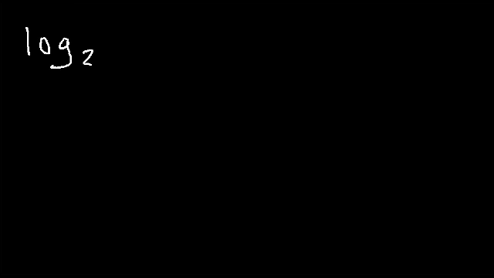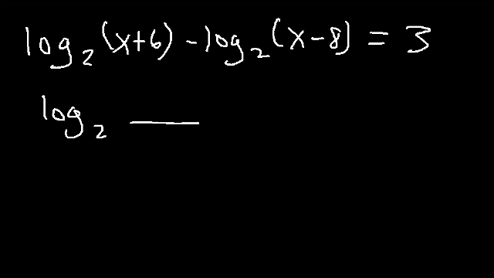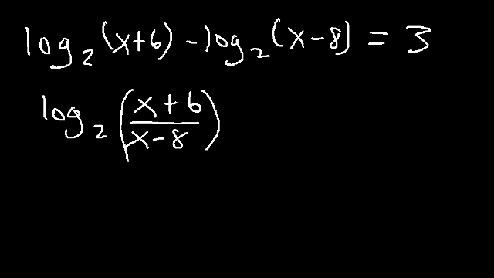Log base 2 of x plus 6 minus log base 2 of x minus 8 is equal to 3. Go ahead and solve for x. So because we have a minus sign, it's going to be division. So when we combine it into a single log, it's going to be x plus 6 on top and x minus 8 on the bottom.